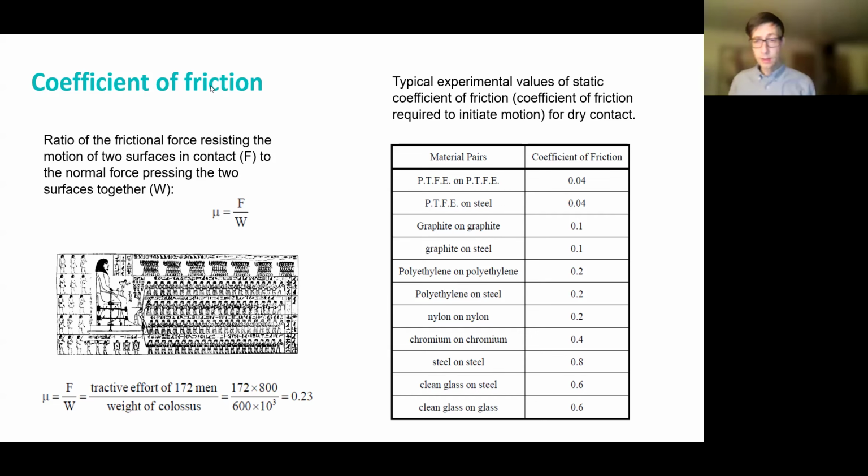So you can see in this table here, polyethylene on steel, polyethylene on polyethylene, maybe nylon will give you around 0.2 coefficient of friction. For any other steel on steel, chrome on chrome, maybe glass on steel, you are getting much higher dry friction. So there is definitely some lubrication going on in that illustration.